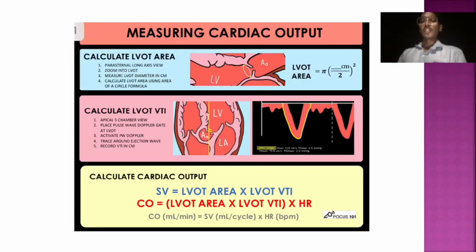The machine itself can calculate the measurements and also the cardiac output, and the ejection fraction, which helps a lot in understanding and interpreting mild, moderate, and severe LV dysfunction. It can be helpful for a patient with leading to heart failure. So that's the class for today.